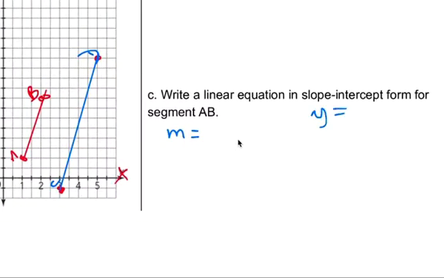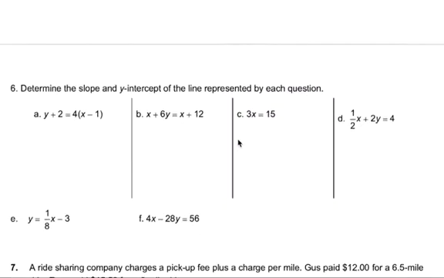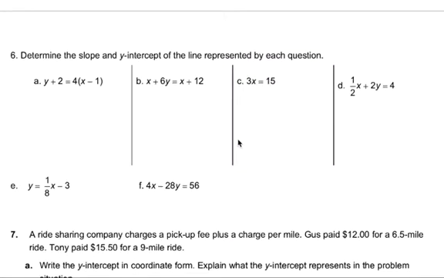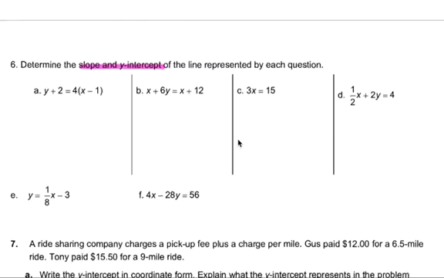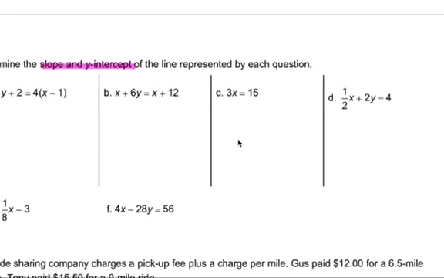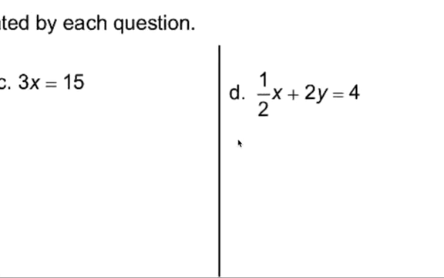Y equals mx plus b. You know how to find m. You know how to find b. Okay. You are to find slope and y-intercept for each one of these. I'll do C. C you saw for x.